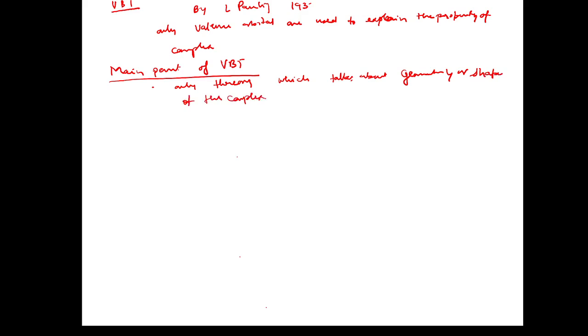So here, if we look at the different kinds of hybridization and shape: if we have sp, it is linear. We have sp2, it is triangular planar. If we have sp3, this is tetrahedral.